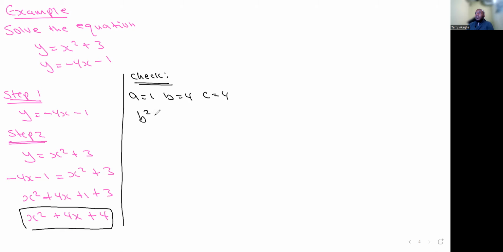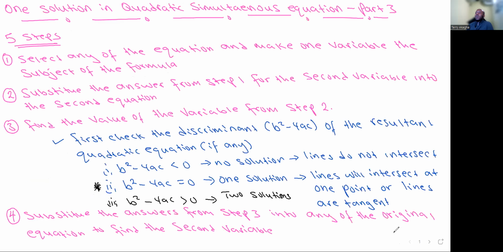So b squared minus 4ac is going to give us 4 squared minus 4 times 1 times 4. 4 squared will give you 16, minus 4 times 1 times 4 will give you 16. And you see it is 0. So because b squared minus 4ac is 0, we are expecting to have just one solution, which means that the lines will intersect at 1 point.